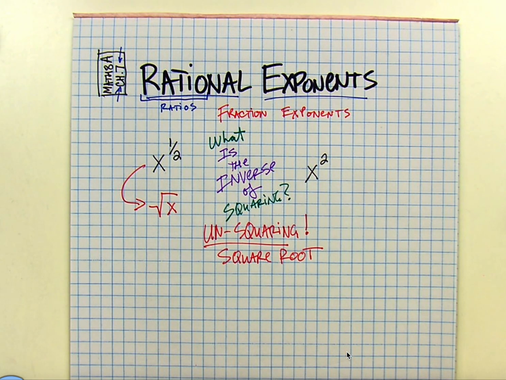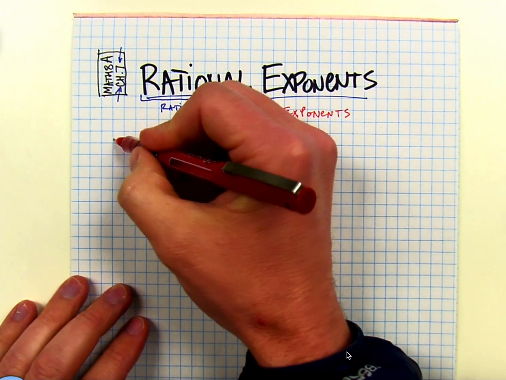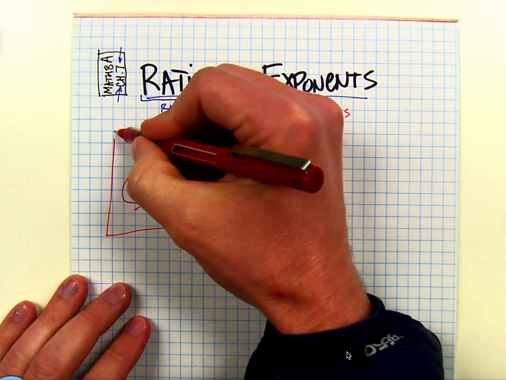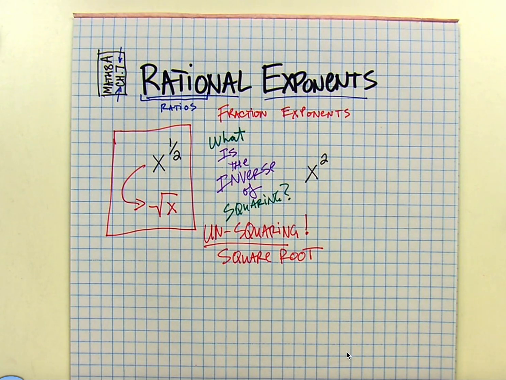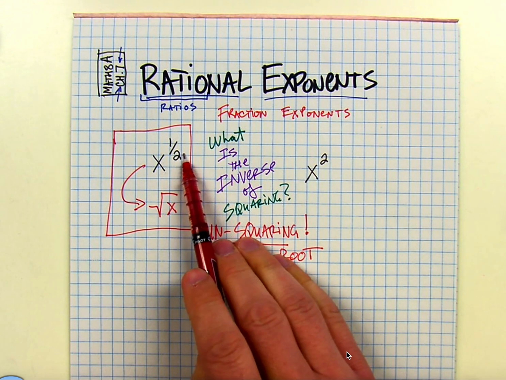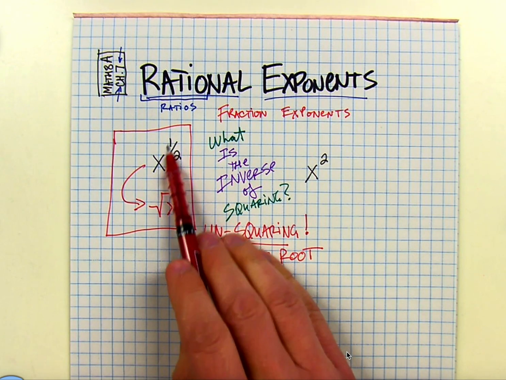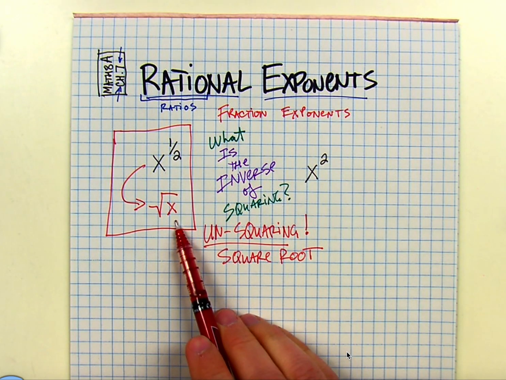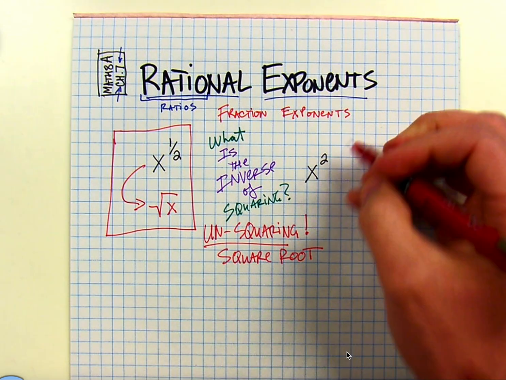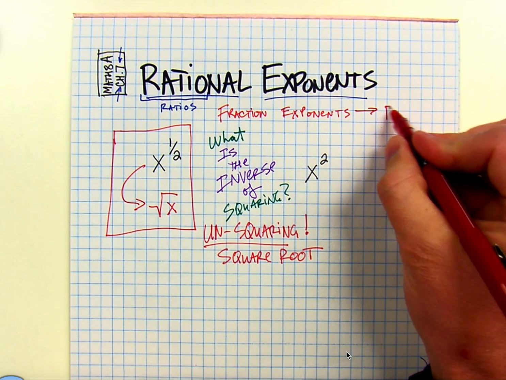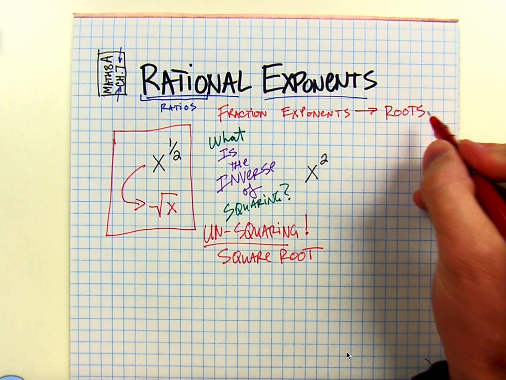All right, and at this point in the video, this is really the big idea. And if that makes sense to you, probably the rest of everything that we do will fall into place nicely. The idea is, if you have something to a fractional power, we're talking about a root, okay? Fraction exponents mean roots, okay?